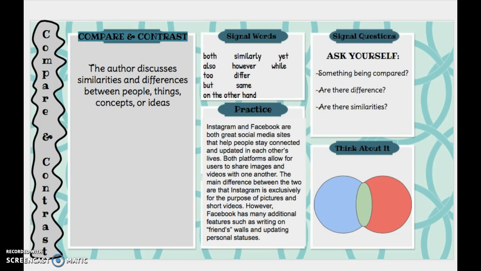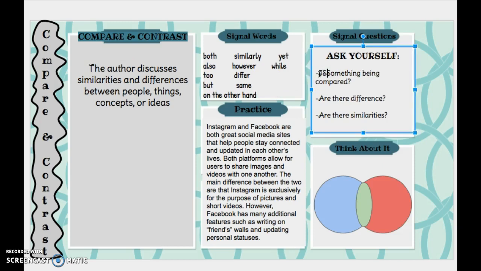Okay, so as you're going through this in your notes, you need to write down the questions. So it says here, ask yourself, that should be is something being compared. So you want to write that down in your first box where it says questions to ask and answer. This is one question that you need to ask yourself when reading a passage to kind of identify if it's a compare and contrast type.